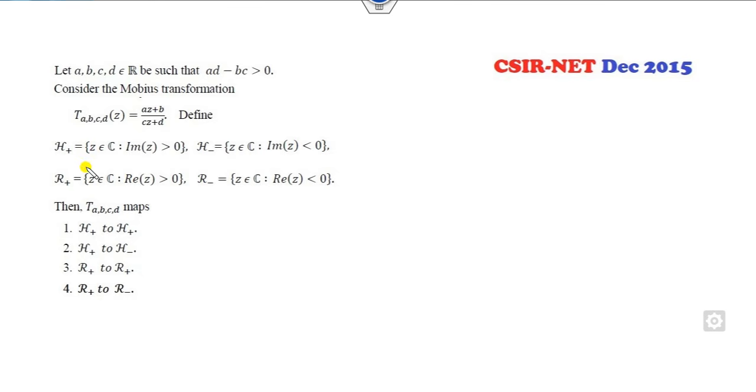Look at this another one. Again there is a mapping, so you can draw it graphically. This is the H positive. Imaginary part of z means y. Y is positive means this is the portion. H negative is where y is negative. R positive is where the real part of z is positive, and R negative means the real part of z is negative.